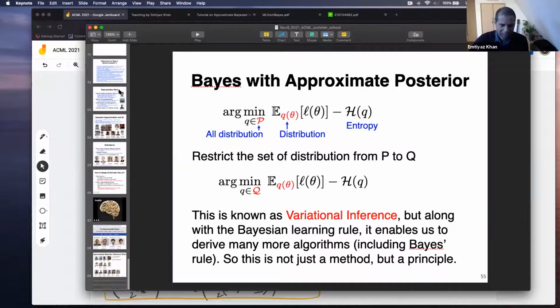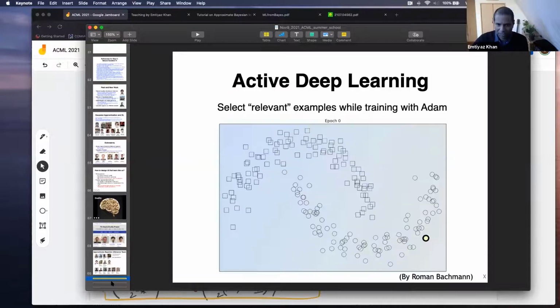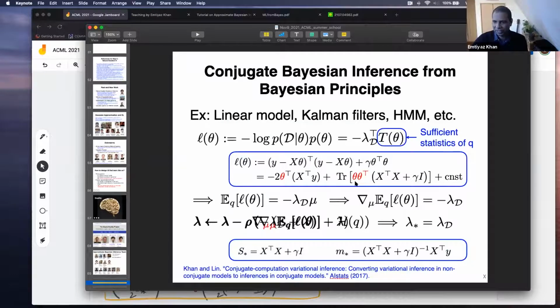Okay, so I do have a slide here, but you can read in the paper, I think section 5.1, where it is explained that when you have a conjugate model, you can always write them in terms of the sufficient statistics of the distribution.